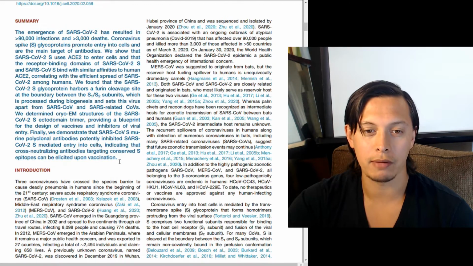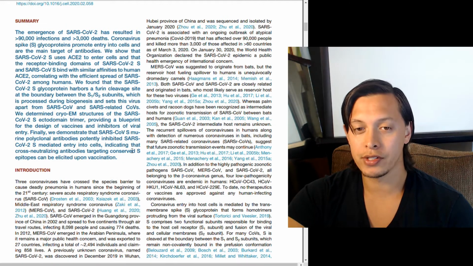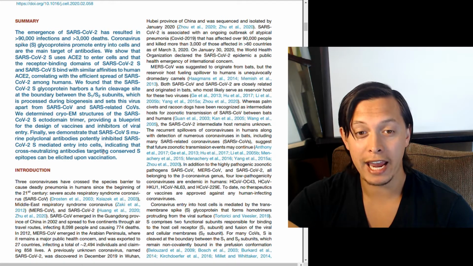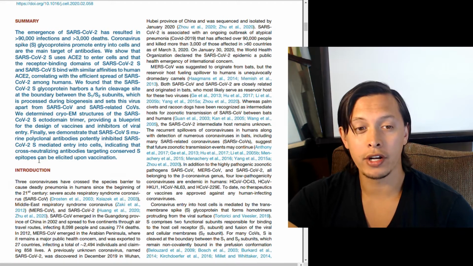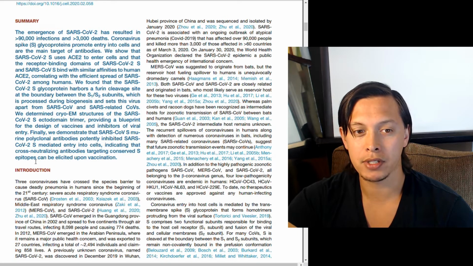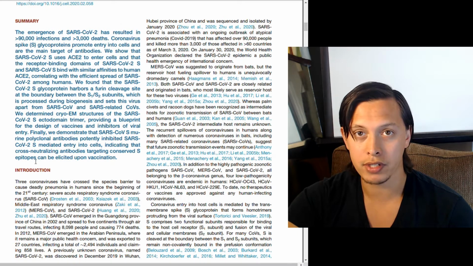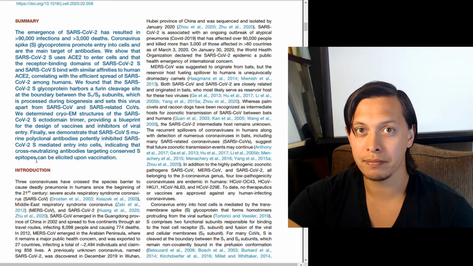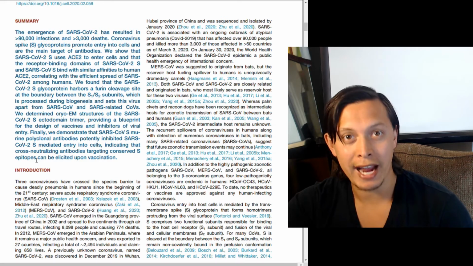So here they're saying if we are able to make antibodies regarding these conserved S epitopes. So epitopes are part of proteins that an antibody is reactive against.